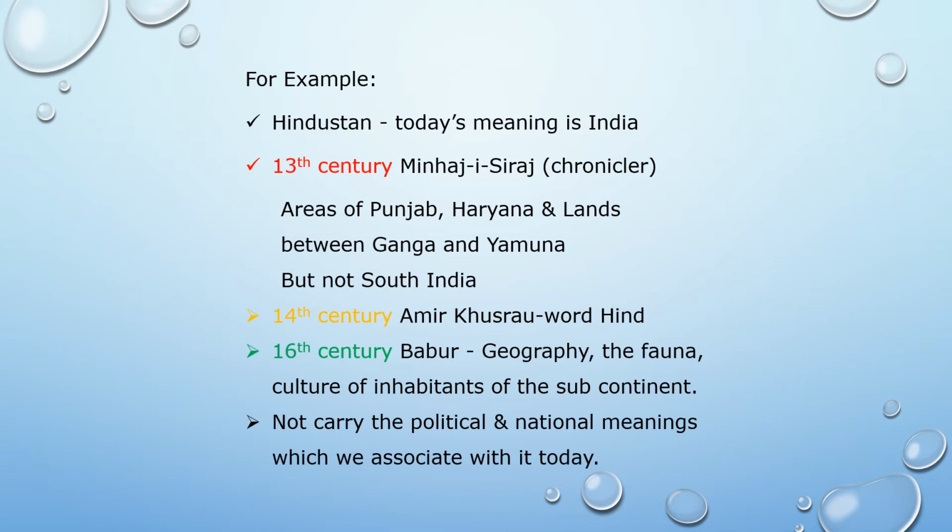But even though South India was a part of the Delhi Sultanate, he didn't include South India, only North India, especially the lands between Ganga and Yamuna, and also the Punjab and Haryana areas were termed as Hindustan by Minhaj-i-Siraj.